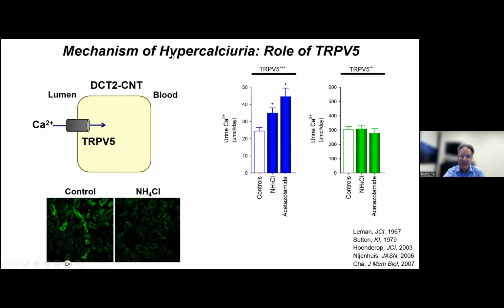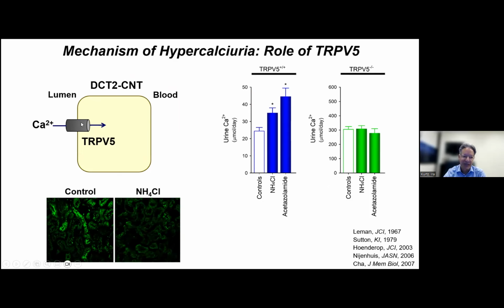So this is the mechanism of the hypercalciuria. If anybody asks you, it's the TRPV5 calcium channel that's present in a portion of the nephron called the late distal convoluted tubule. It's the portion right after the cortical thick ascending limb in the cortex. There's two portions to this. This is the second portion. It's also present in the next part of the nephron called the connecting tubule.